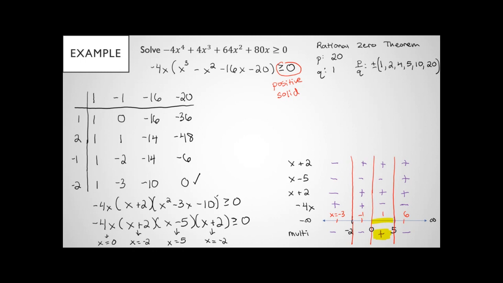And these are brackets because we have the greater than or equal to. So our answer is from 0 to 5. That's where this big long polynomial has positive y values. That's where it's greater than or equal to 0.